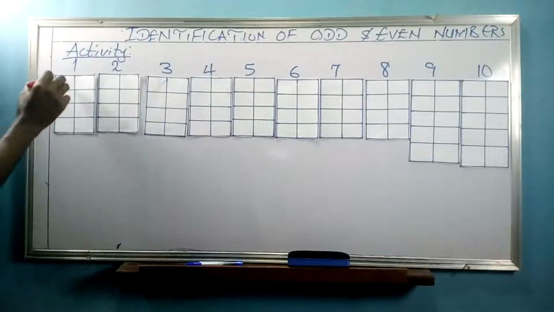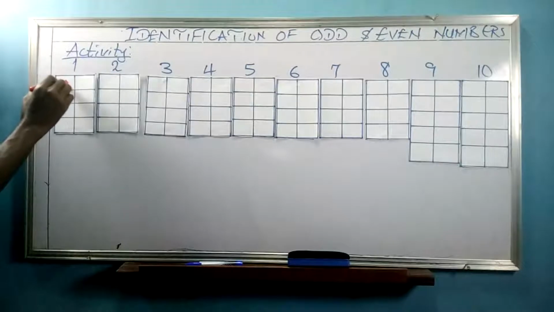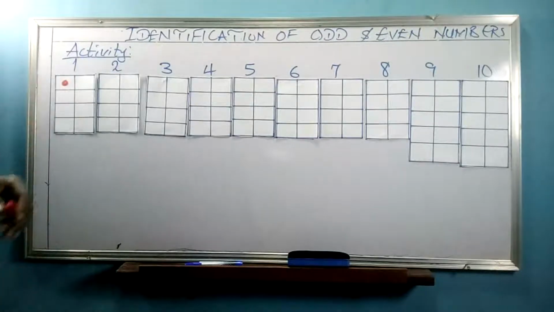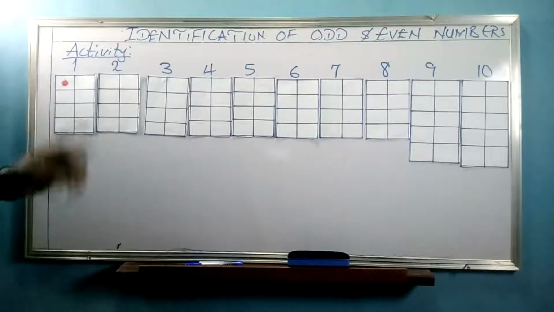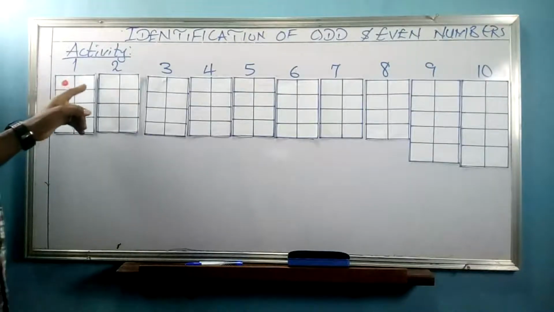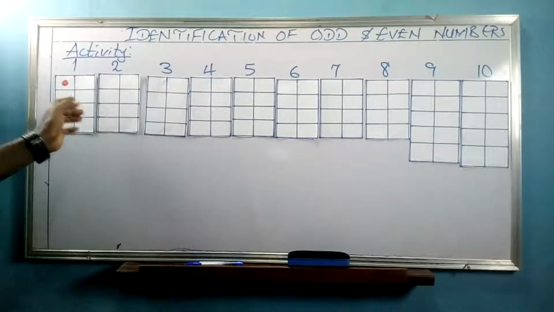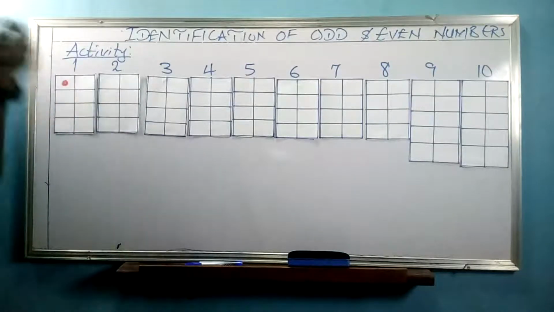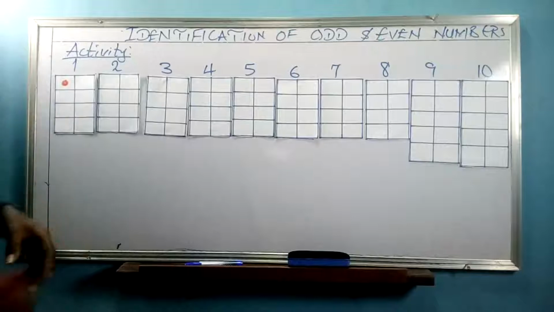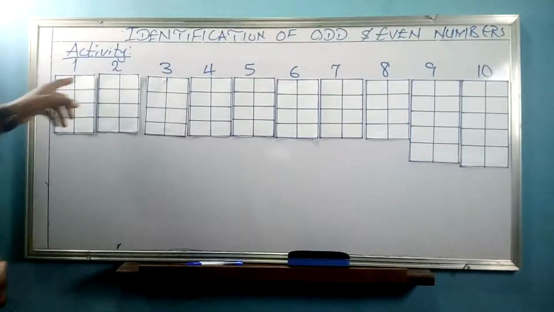So let's draw a circle to represent that single. Do we see it now? Just 1, because it's just a unit. And are we going to put anything in the second box? No, because we have only 1 here, so we're not going to put anything in the second box.